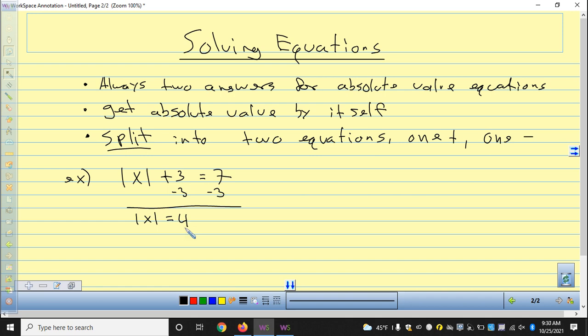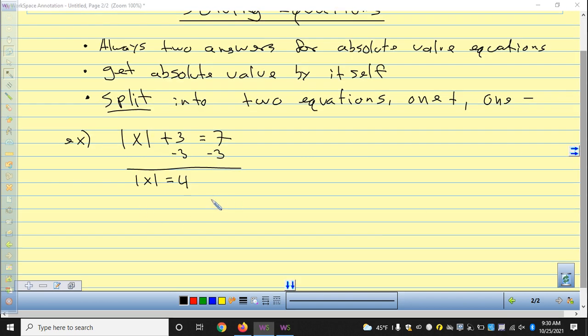And now we're going to split this into two equations. So I get that x equals 4 or x equals negative 4. One positive, one negative.